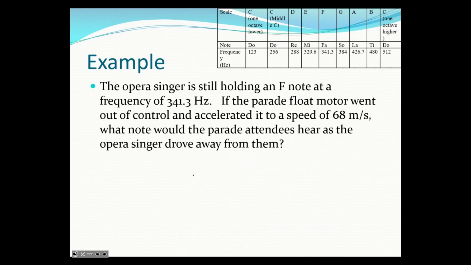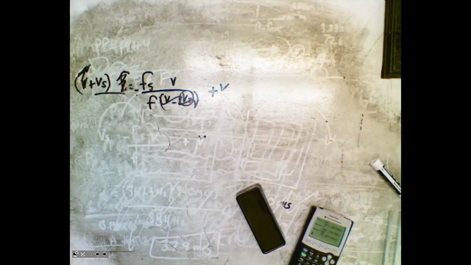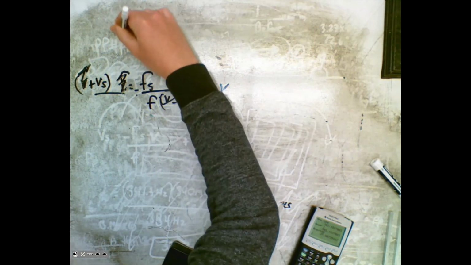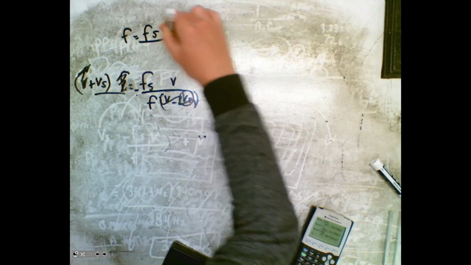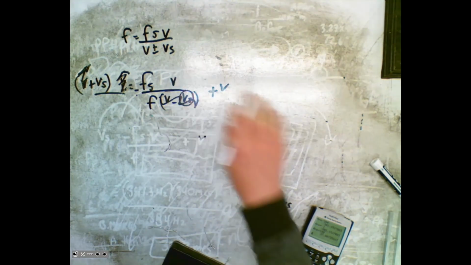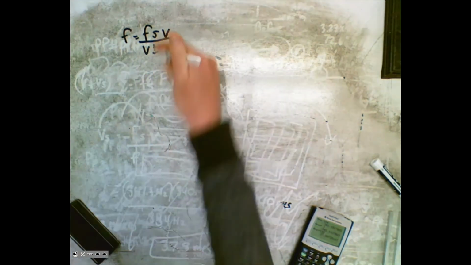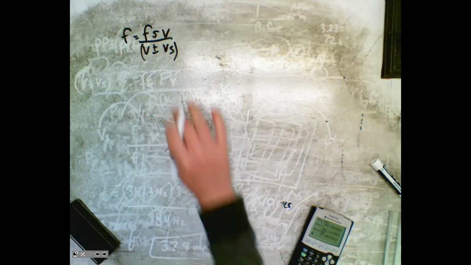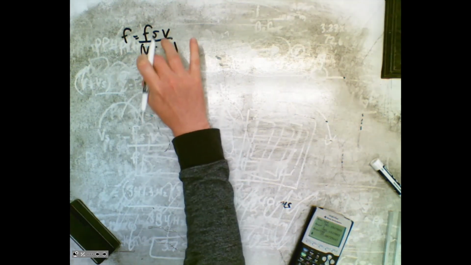Okay, so let's write out that formula again. So that formula is F equals Fs V over V plus or minus Vs. That's our formula. So now it's moving away, which gives us a positive.